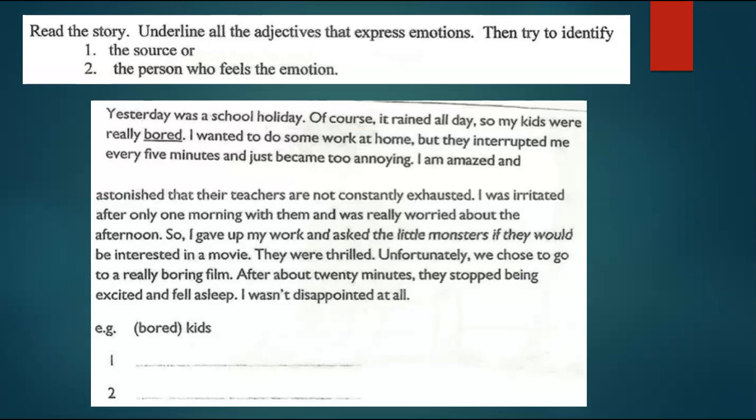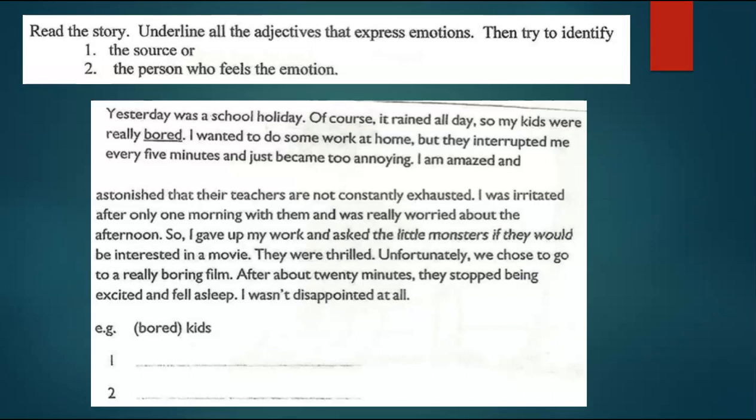So students would underline all of those ed and ing adjectives, and then it asks them to identify the source or the person who feels the emotion. So the first one is identified as the kids are bored. And what are they bored by? Well, they're bored by the rainy school holiday.